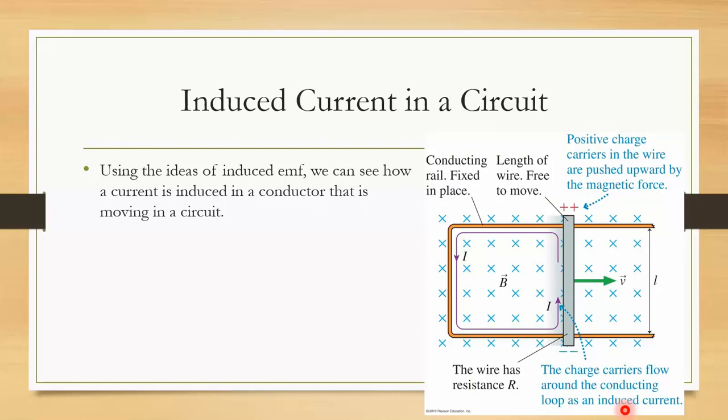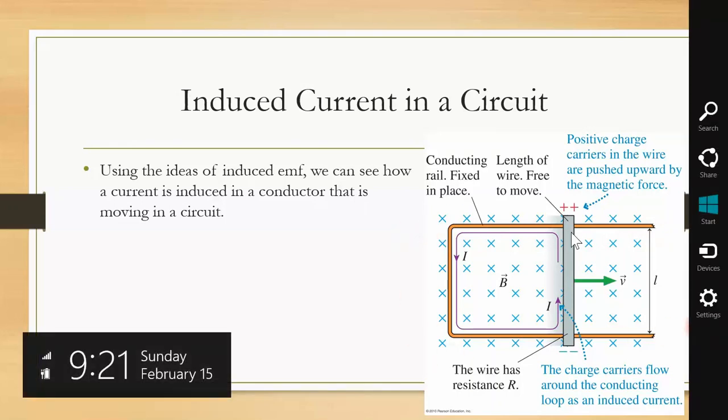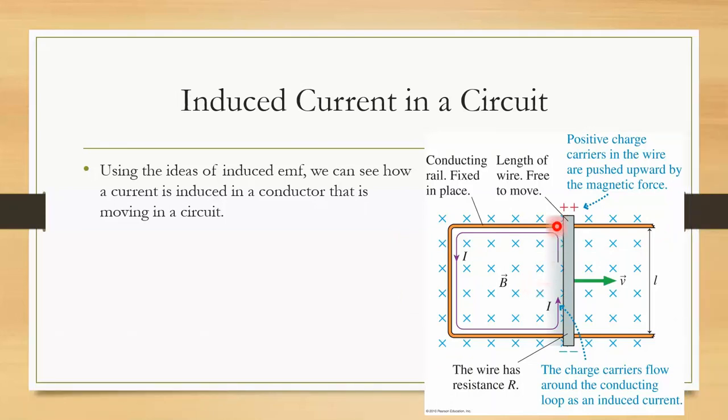So now we're going to make it a little bit more complicated. Besides just moving a conductor through a magnetic field, let's say we have a fixed rail. This orange bar is fixed in place. It's not moving. It's in a uniform magnetic field, and I'm going to touch a conductor to the ends of this rail, and I'm going to slide it down.